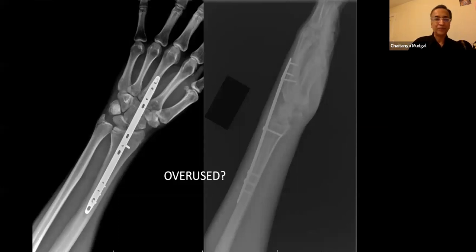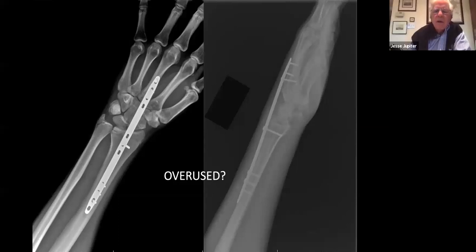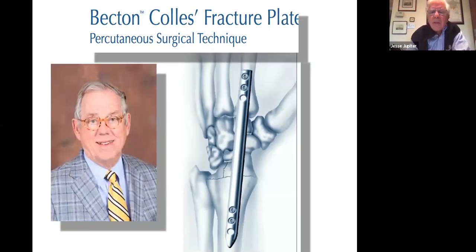Well, I think the interesting thing about span plating is the history. Jim Beckton is an orthopedic surgeon in Georgia, and he developed this plate many years ago. Some surgeons, particularly one group in Detroit, did this for almost every displaced distal radius fracture, and they kept the plate on 3 to 4 months.